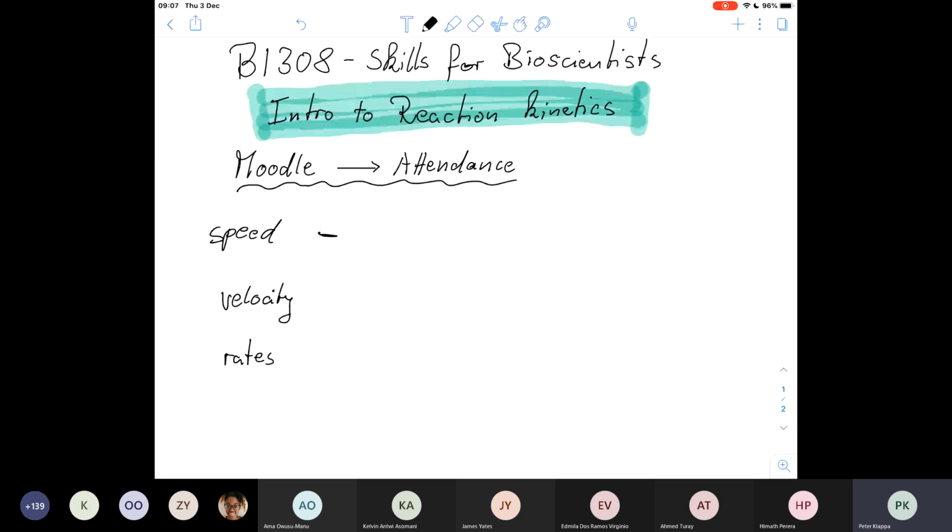It is distance over time, or maybe probably better formulated, a change in location per change in time. Let me put it like that.